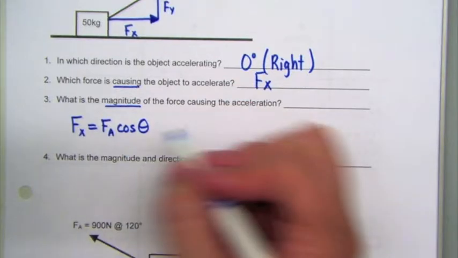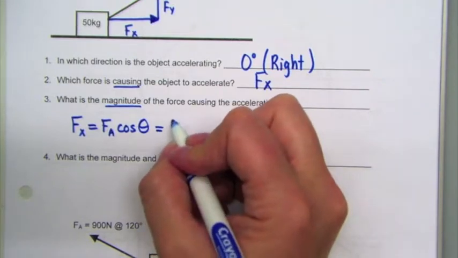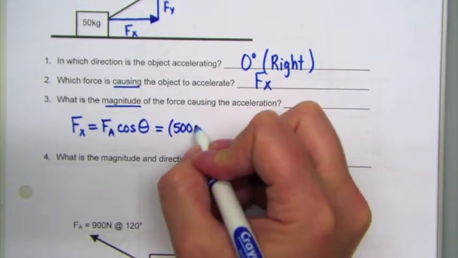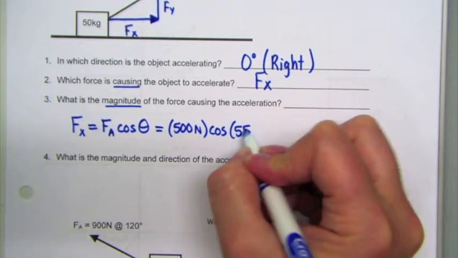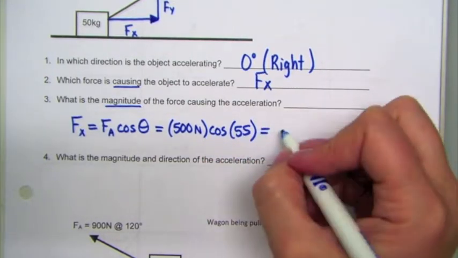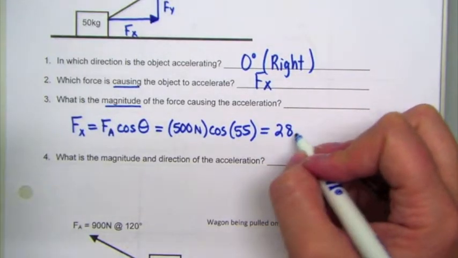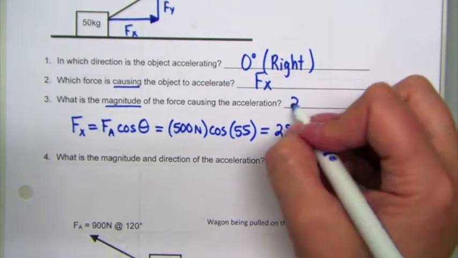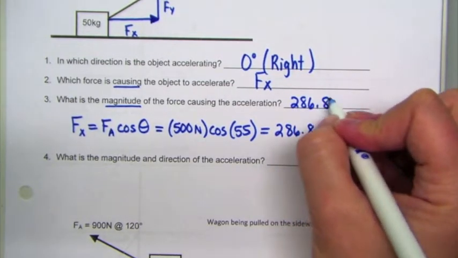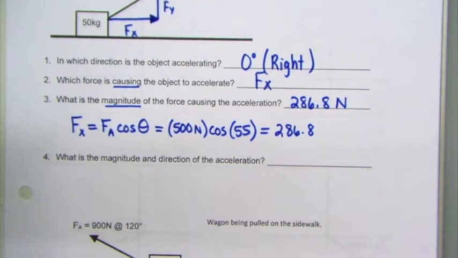It's the same thing. So plugging it in, we say 500 times the cosine of 55. Okay? That will give us a value of 286.8. I only asked for the magnitude, so we're done.